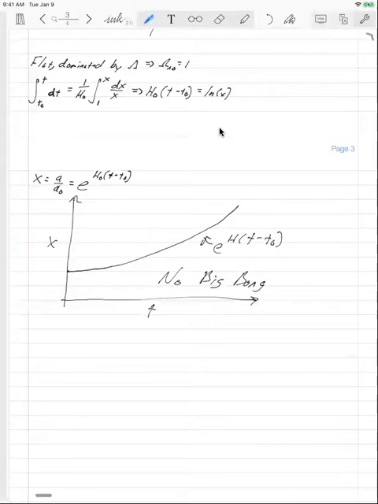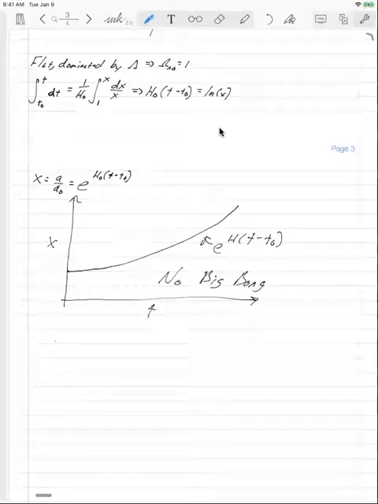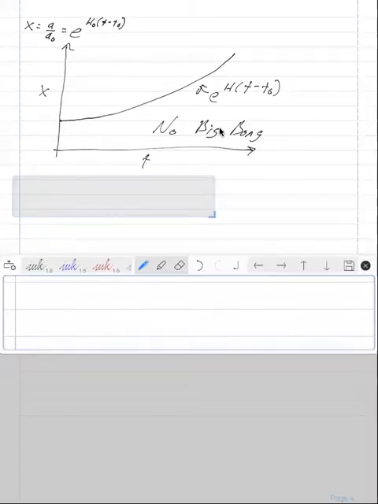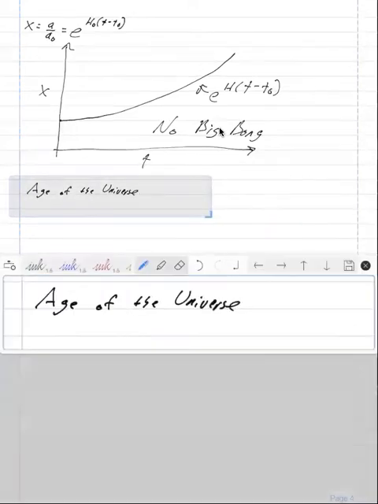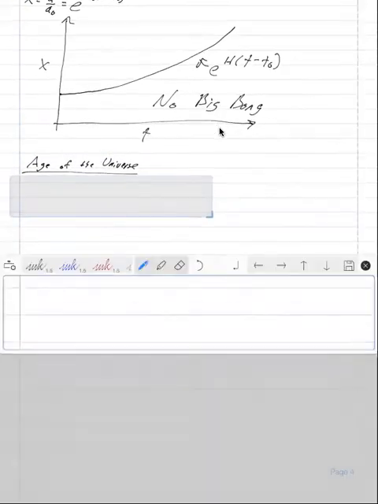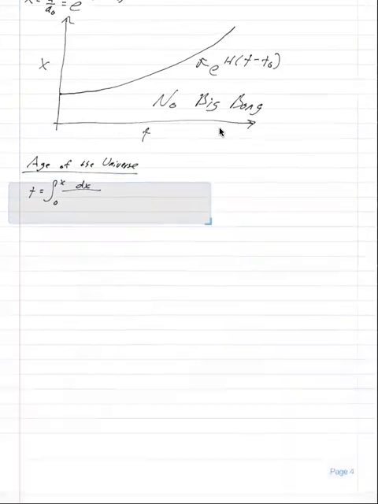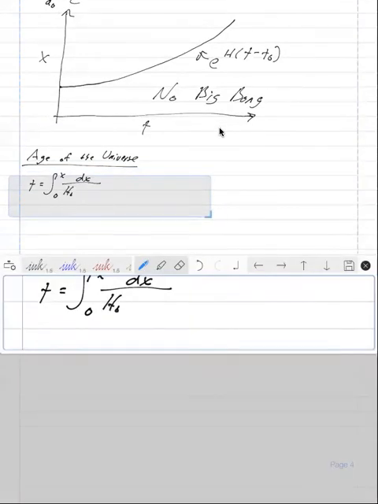Okay, so in summary, what we just did is we calculated the age of the universe for any of these types of universes by just evaluating t is equal to the integral from 0 to x of dx over h naught x square root of the stuff in brackets.